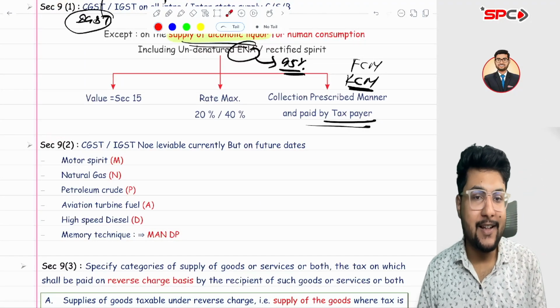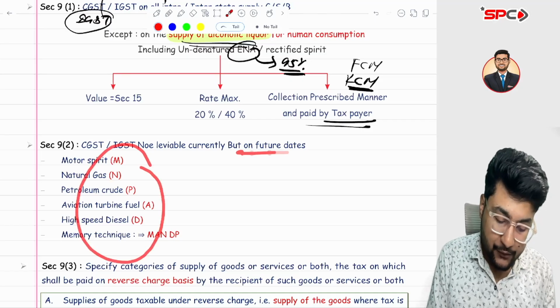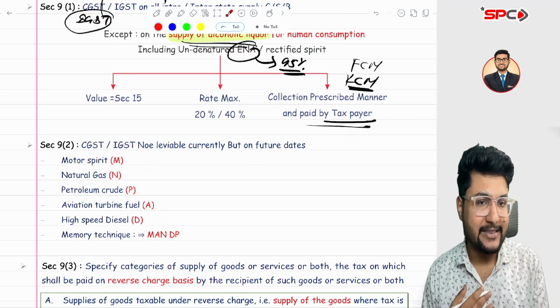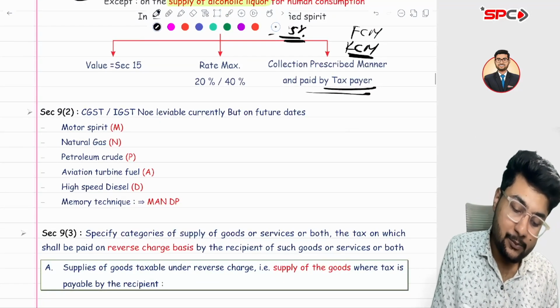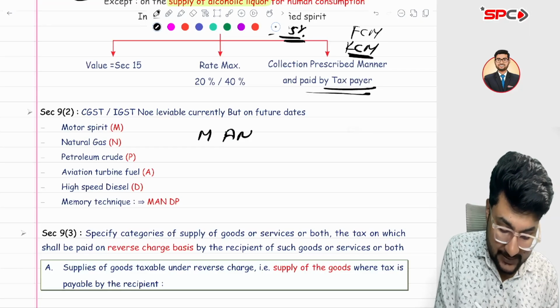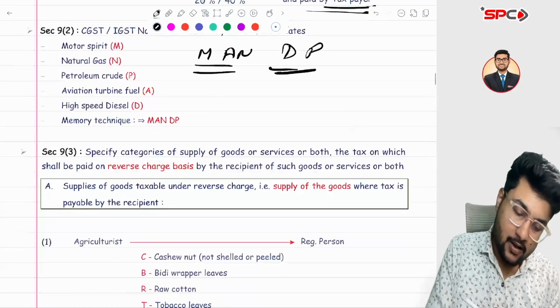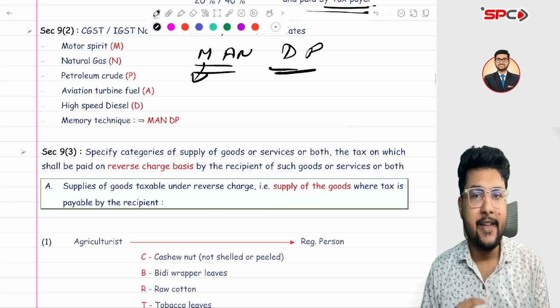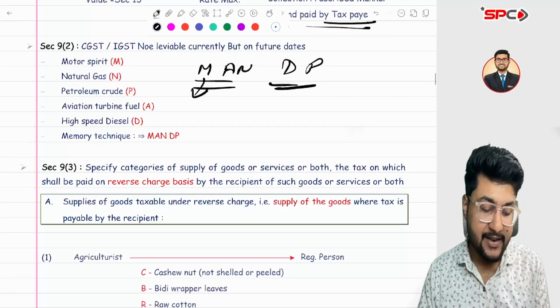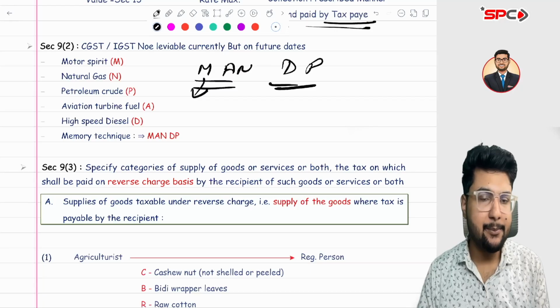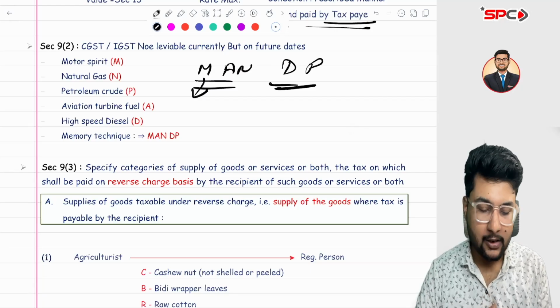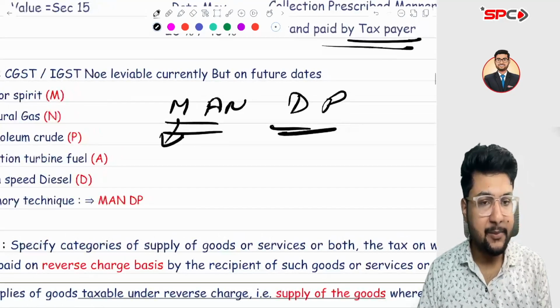9.2 we will talk about. In 9.2 there are 5 products on which tax will apply on a future date. What are those 5 products? The short form is MANDP. M means motor spirit, A means aviation turbine fuel, N means natural gas, D means diesel, and P means petroleum crude oil. Please repeat with me.